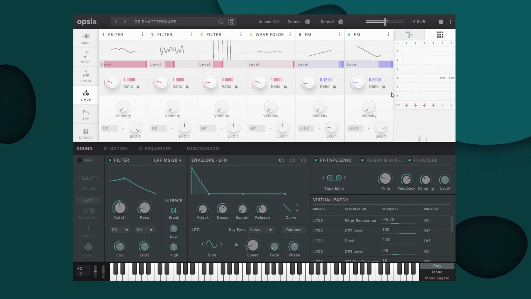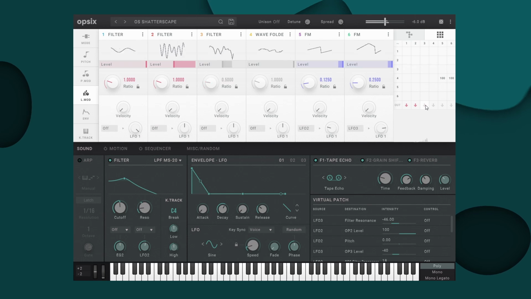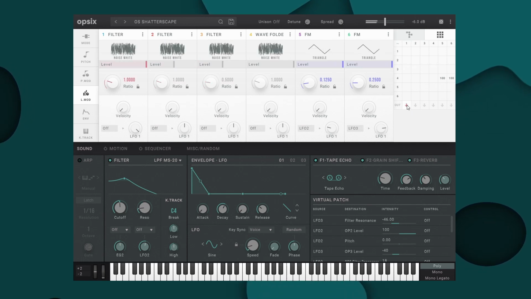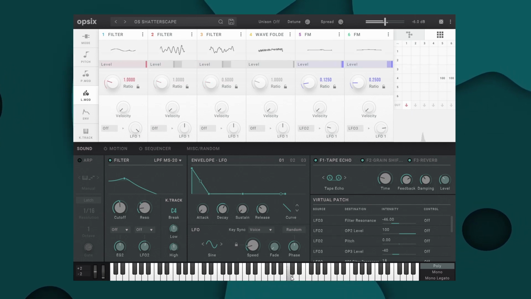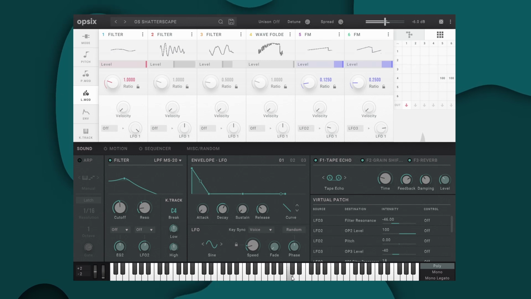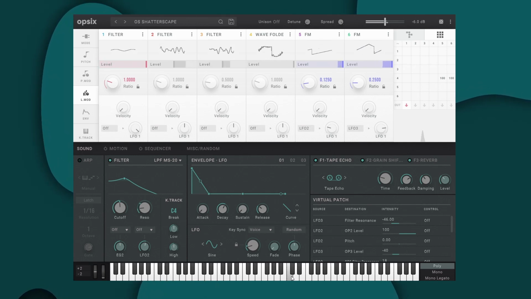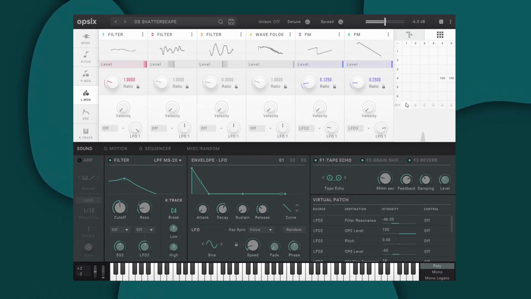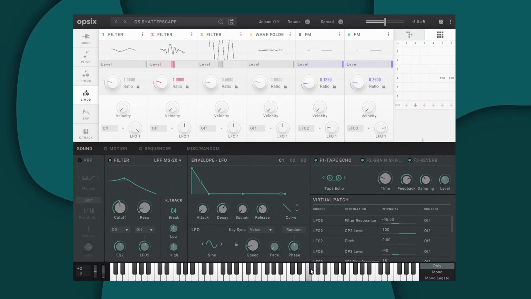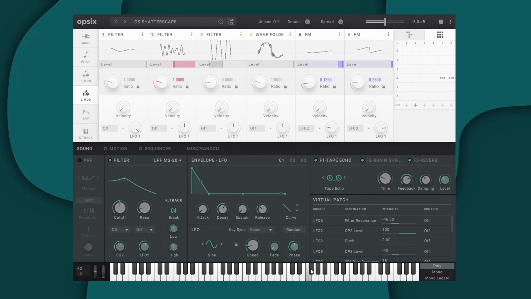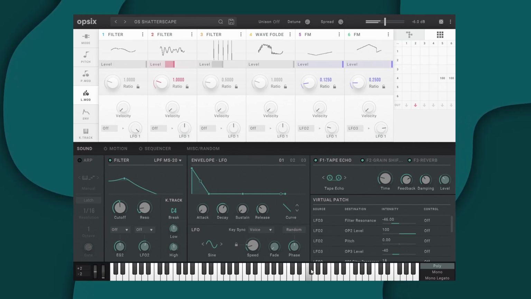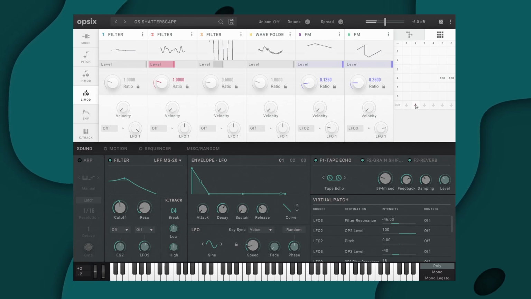So, for example, in this patch here, if we take out all of these different operators, this first operator here is doing kind of a low rumble. This next one here, a higher, more resonant wind sound.